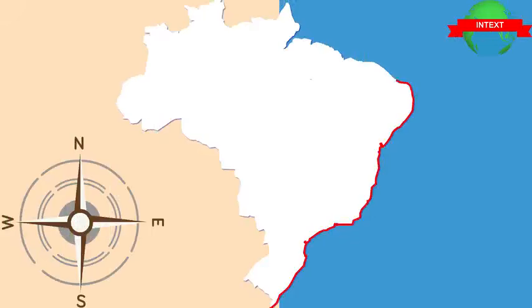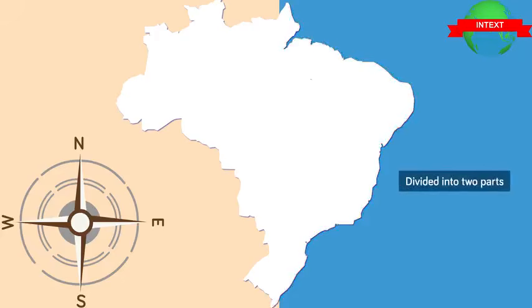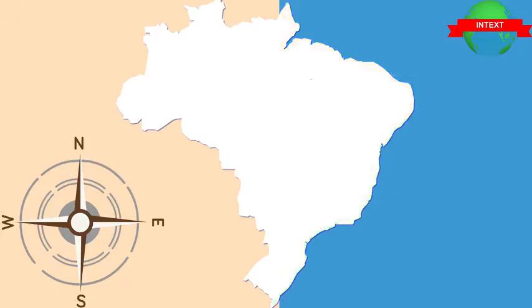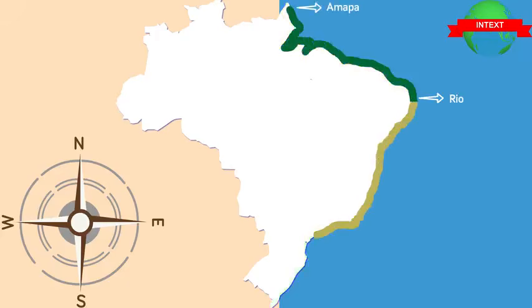Brazil has a coastline of about 7,400 km. The coastline can be divided into 2 parts, namely northern and eastern coast. The North Atlantic coast extends from Amapá province in the north to Rio Grande do Norte in the east, and from there the eastern coast extends towards the south.